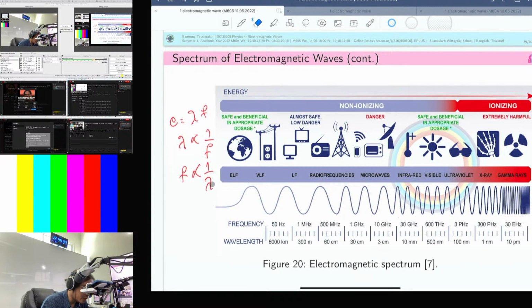Let's talk about the band from the left side. It's known as extremely low frequency, ELF, and it's safe. It's not dangerous to us, and it's beneficial if we use it in appropriate doses.